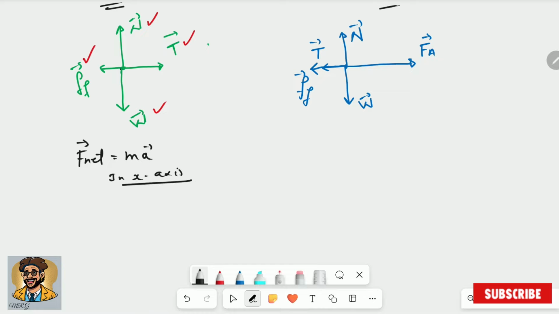I also said you don't have to write that one. It's fine. So what forces are there? There is tension. We're going to take this direction as positive, for both blocks, because the block is moving in that direction. So I have tension minus frictional force is equal to mass multiplied by acceleration.